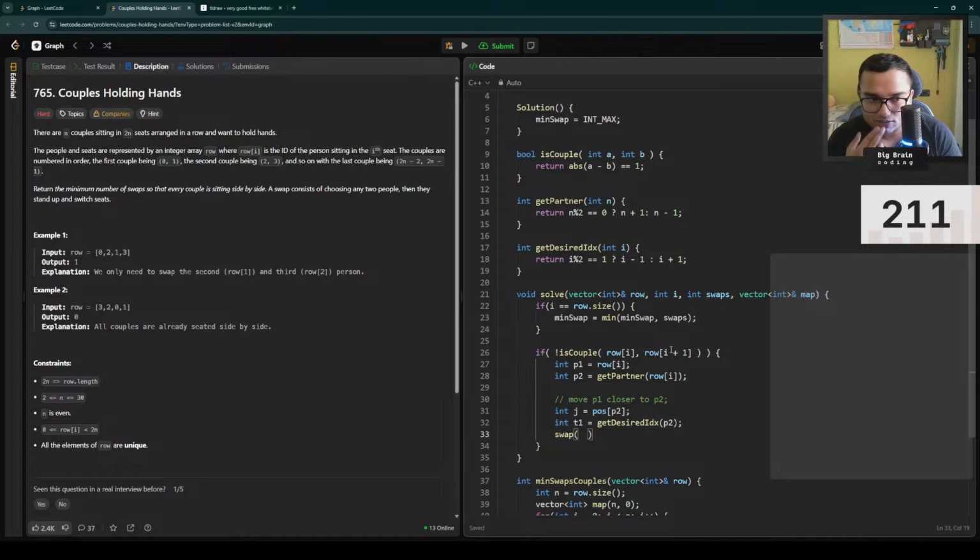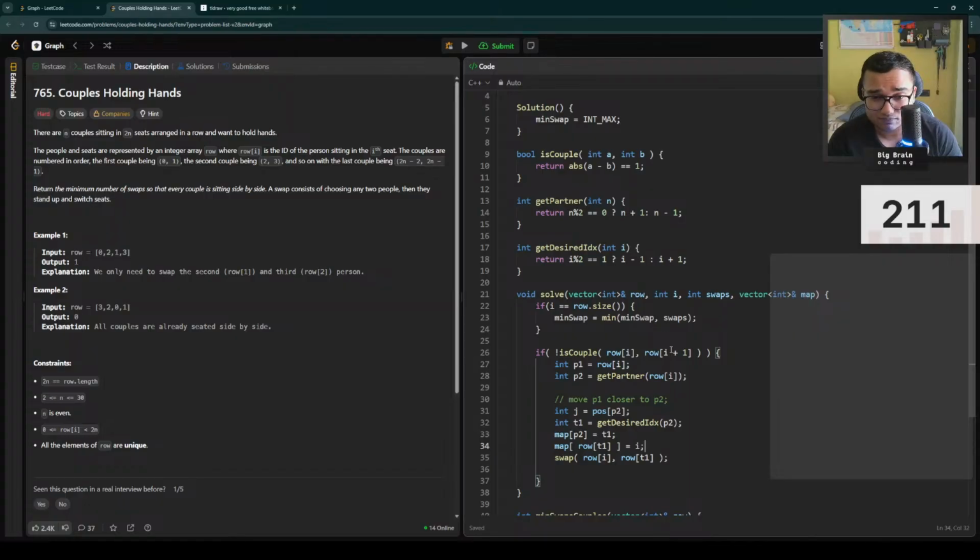I think I made this way too complicated already. Swap row I and row t1, and I have to update that map also. So map of p2 becomes t1 and map of row of t1 becomes I.